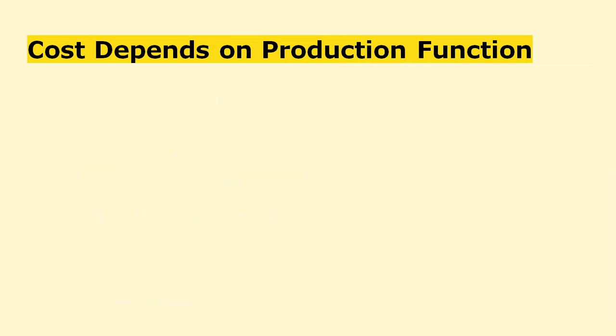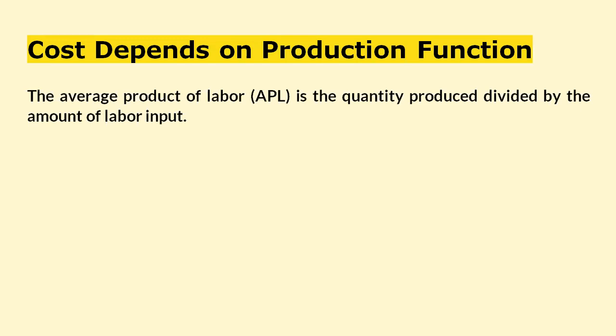Cost depends on production function. The average product of labor is the quantity produced divided by the amount of labor input.